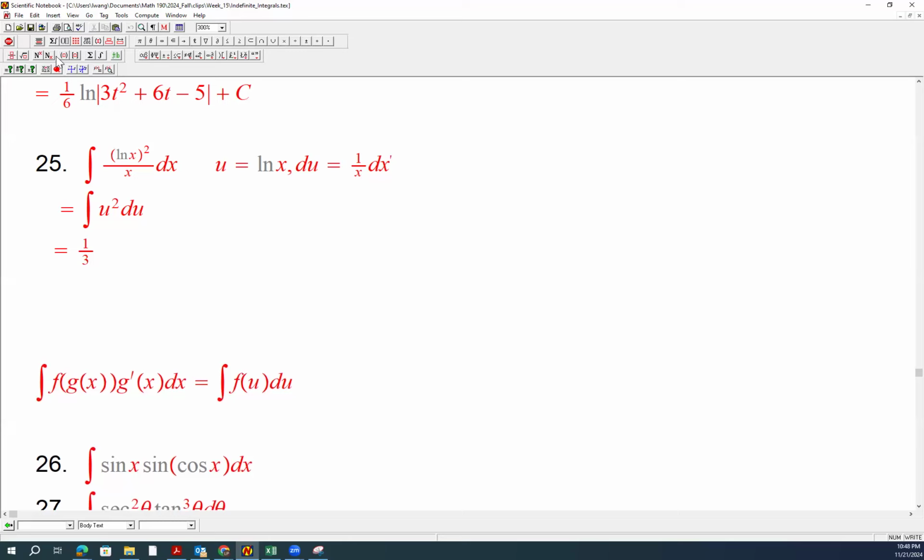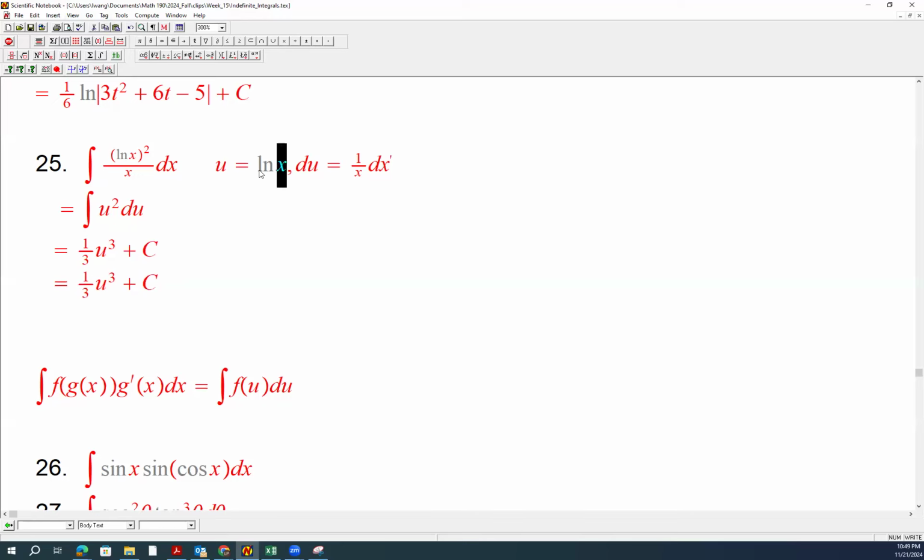So 1/3 u raised to the power 3 plus a constant. And last but not least, we're going to substitute u by ln x.